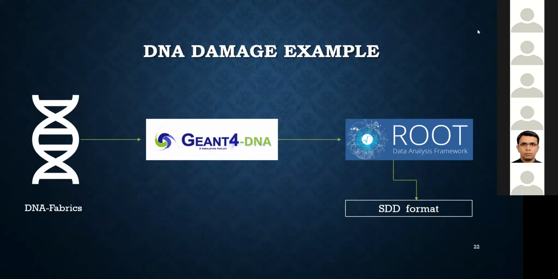You will now understand why I went through all the articles, because this example has three components. First, the target is created by DNA fabrics. Then all the processes are implemented by Geant4-DNA. And then the output is studied by ROOT. And this ROOT analyzes the energy deposition, the location of the damage, and many other things.